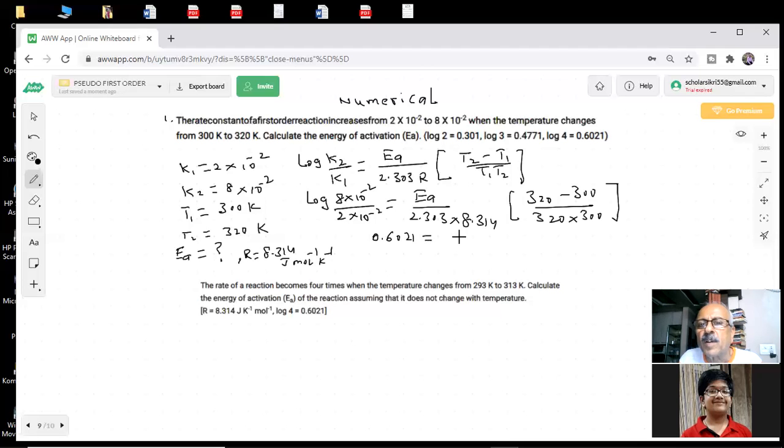This value we have to then calculate, whatever value it comes, with 2.303 unchanged, into 20 by 3, 6, 9, 0. Now see the question, we have to calculate activation energy. You can do it, no issue. Cross multiply, and you will get the value of EA.